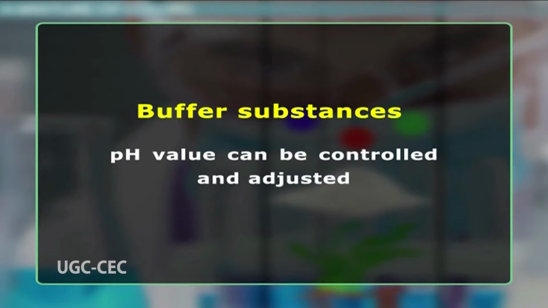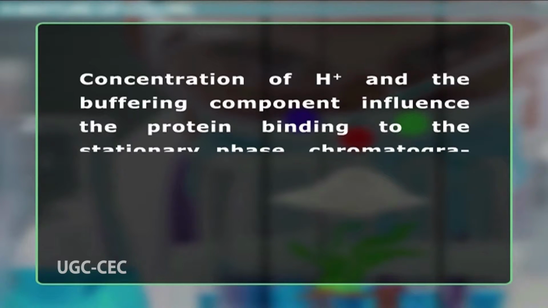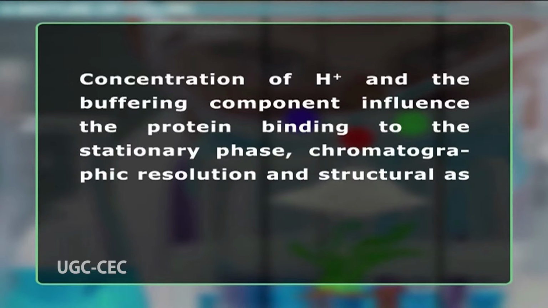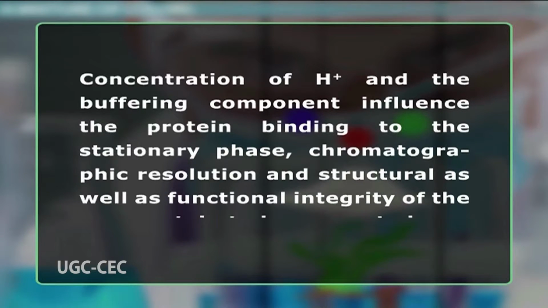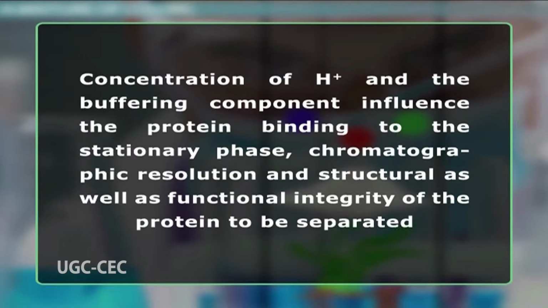The concentration of H+ and the buffering component influence the protein binding to the stationary phase, chromatographic resolution and structure, as well as functional integrity of the protein to be separated.